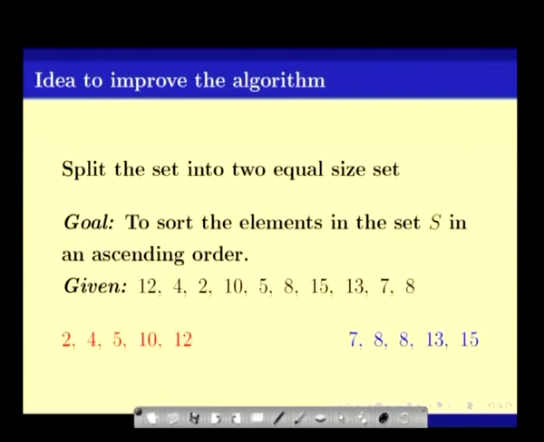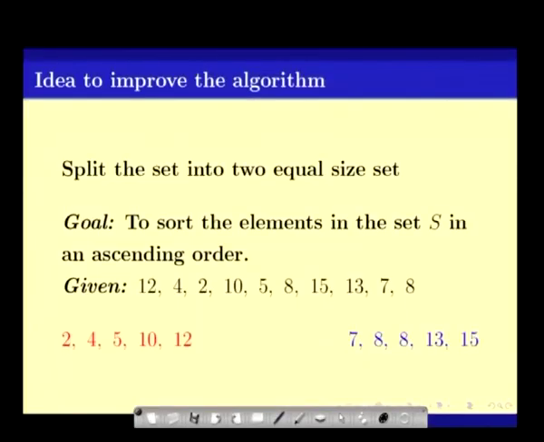Now, of course, recursively we can sort each of them. So, we sort the ones on the left and we sort the ones on the right. Good. So, here we are. We have taken a set S, split it into two halves of equal size, and recursively sorted them.